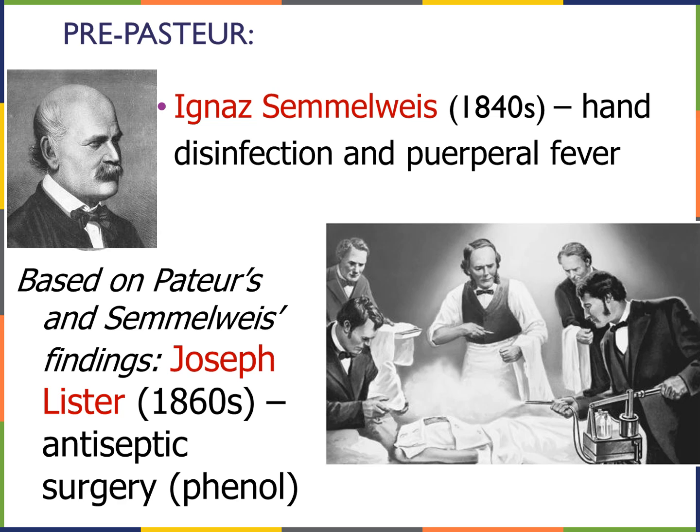Well, that's exactly what it was like to give birth in a hospital prior to around 1850. Ignaz Semmelweis, he was a physician and he delivered babies for a living. And basically, you had a very, very high chance of dying from puerperal fever or what they call childbed fever.